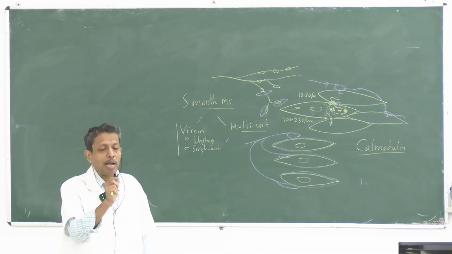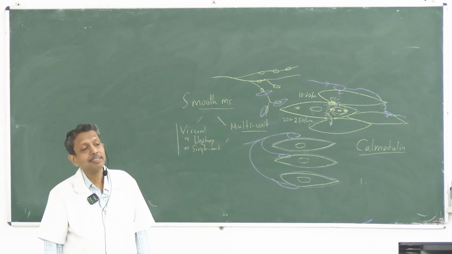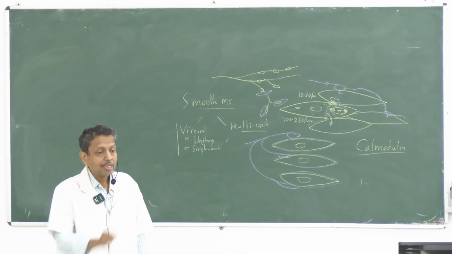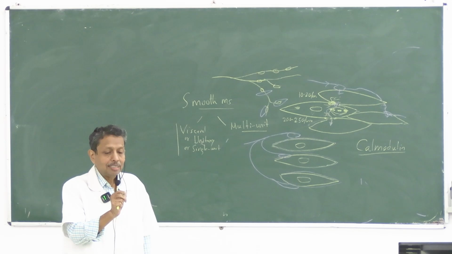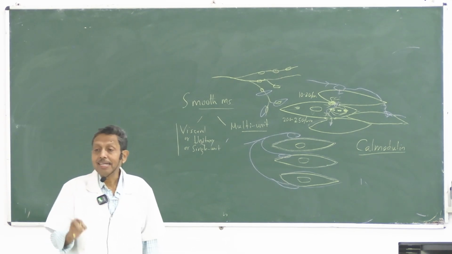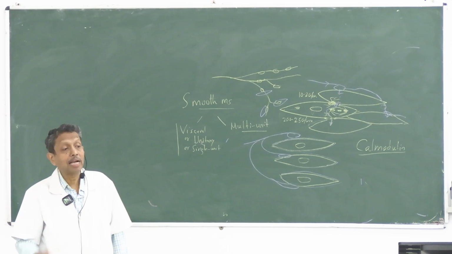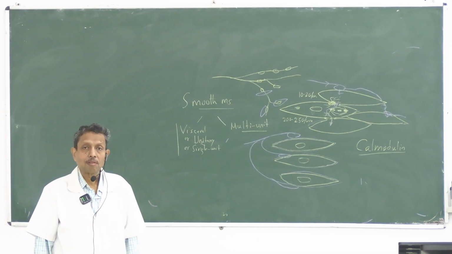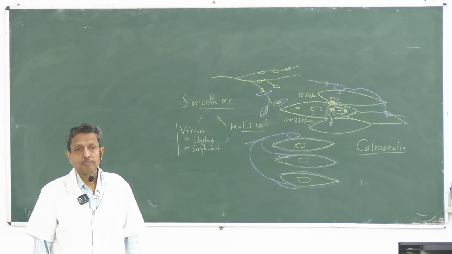And at positions 1 and 5 there is a trimethylated lysine group, and that is preserved. And when calcium binds with it, they form the calcium calmodulin complex, and it then causes the activation of some kinases, myosin light chain kinases.